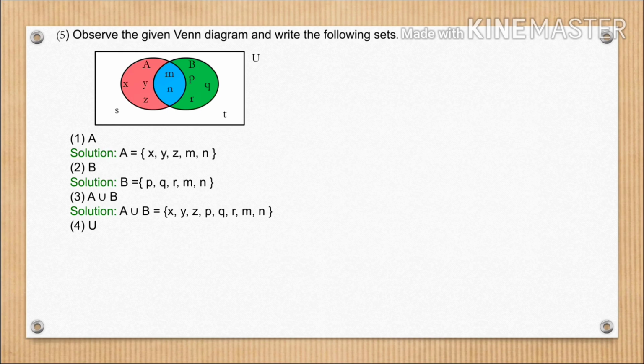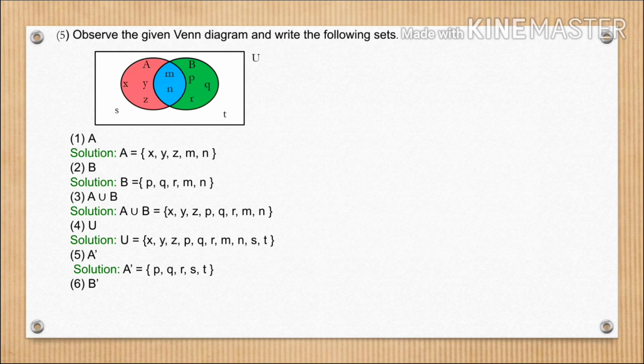All the elements present in the universal set are x, y, z, p, q, r, m, n, s, t. Then fifth, A complement. A complement is the set which contains all the elements from the universal set which are not in set A. So they are p, q, r, s, t.